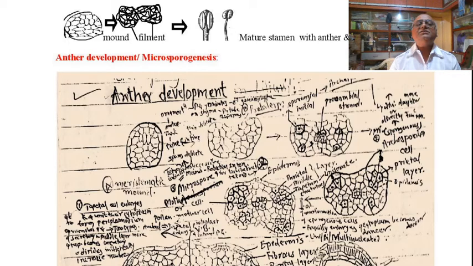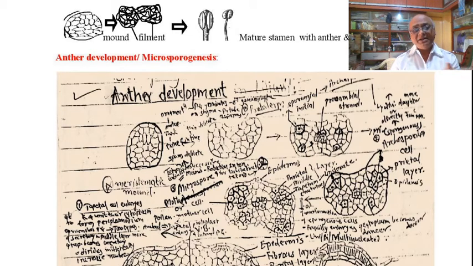It started from the meristematic mound developed on the stamen filament. This meristematic mound has the capacity or ability to divide and redivide, because all these tissues are the same in function and structure.